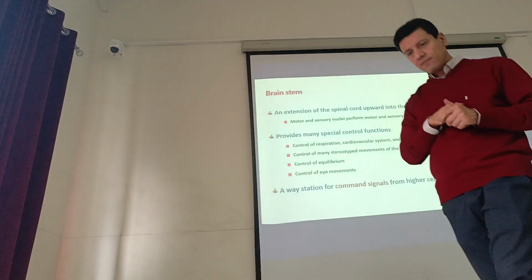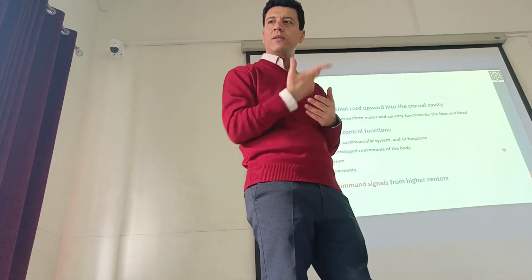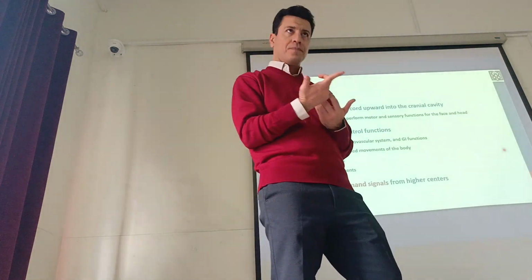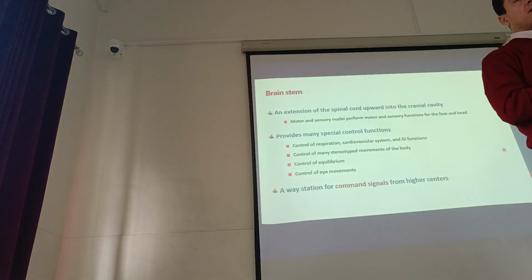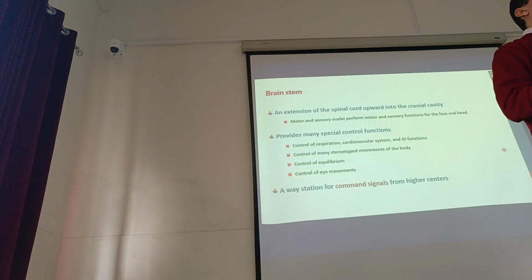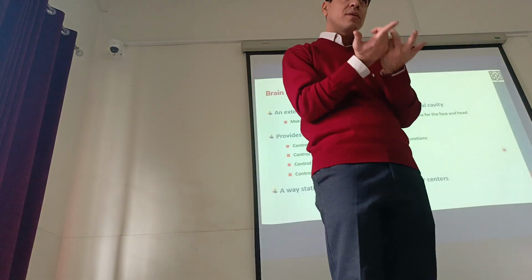We have also other areas related to GI functions, for example chewing and swallowing. These centers are located in the brainstem. Also in the brainstem, we have respiratory centers, which regulate inspiration and expiration.